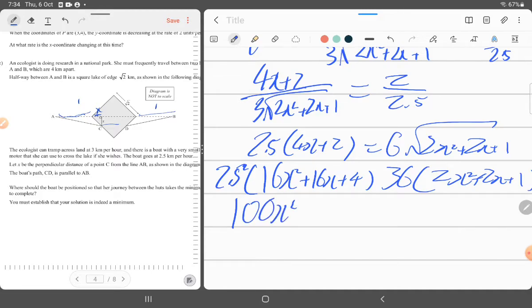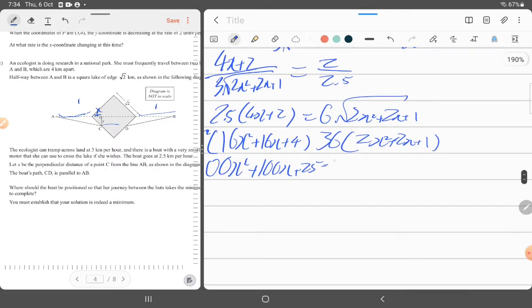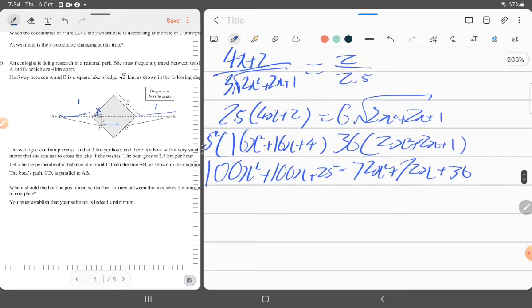Which is equal to 100x squared plus 100x plus 25, equal to 72x squared plus 72x plus 36. So 28x squared plus 28x take away 11 is equal to 0, I believe.